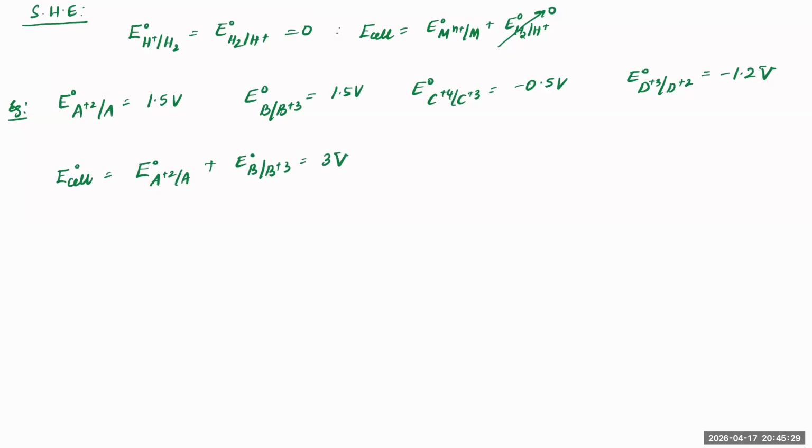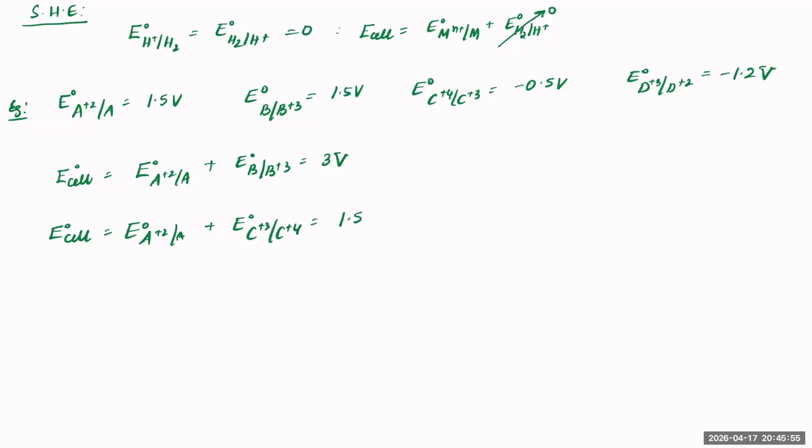What if I want to connect the A cell versus C cell here? In that case, E naught cell will be equal to, the reduction value is higher here, the reduction value is very low here, which means this can be the oxidizing side. So I can write this as E naught of A plus 2 to A plus E naught of C plus 3 to C plus 4.